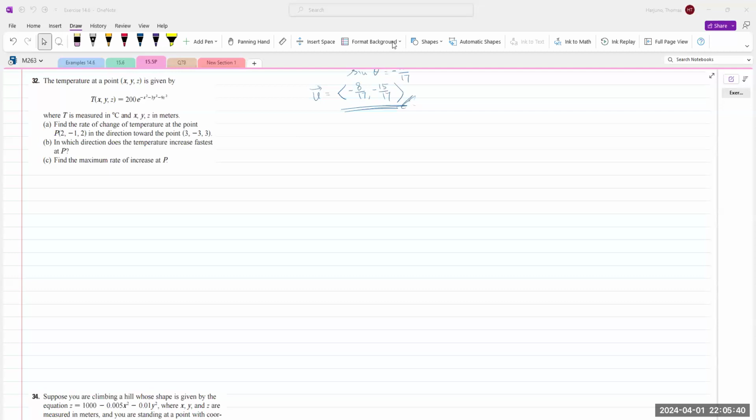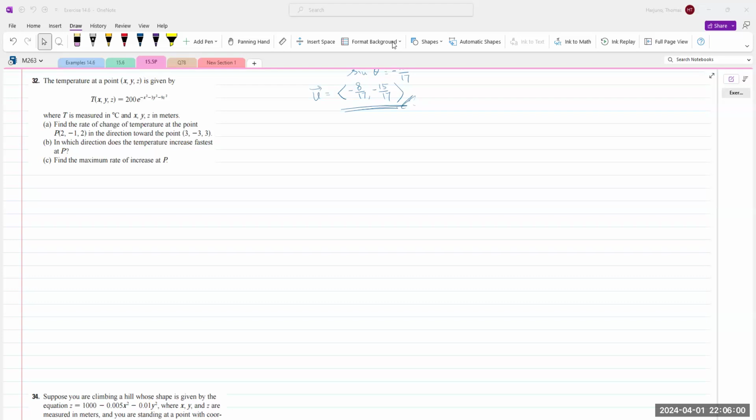Number 30. The temperature at a point is given by this temperature function, where the temperature is measured in degrees Celsius and x, y, z in meters. Find the rate of change of temperature at the point P in the direction toward that point.